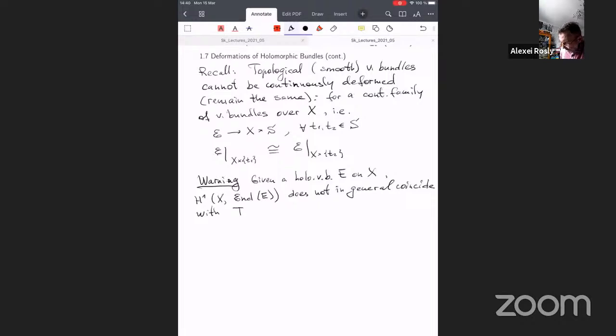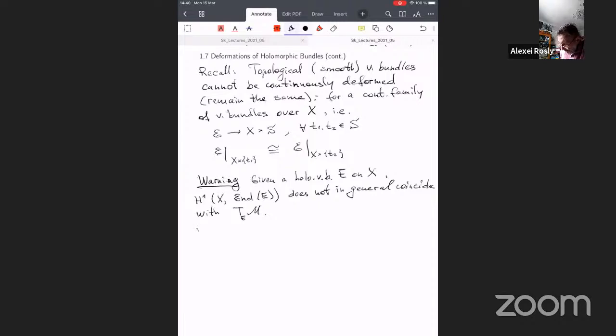Here I write the tangent space to the moduli space, if it exists, at the point corresponding to E. The matter of fact is that the infinitesimal deformations are solutions to the linearization of the problem.